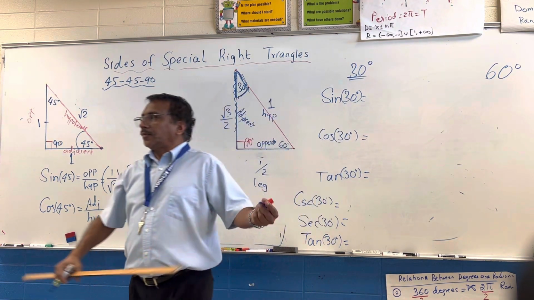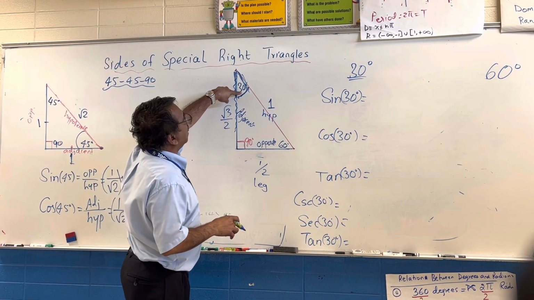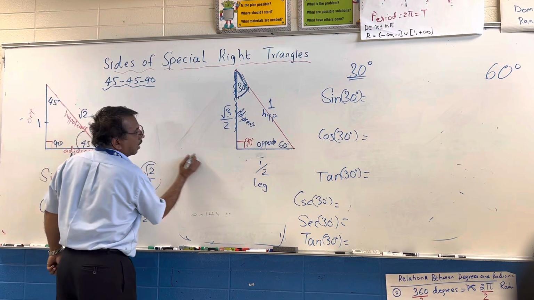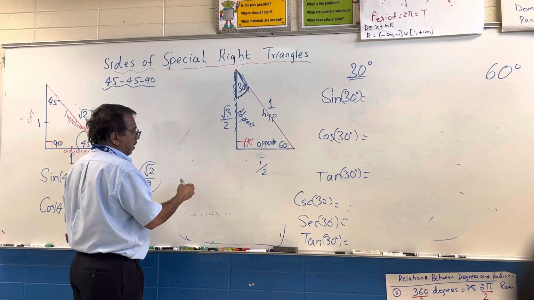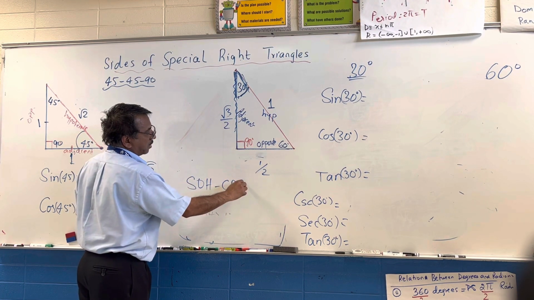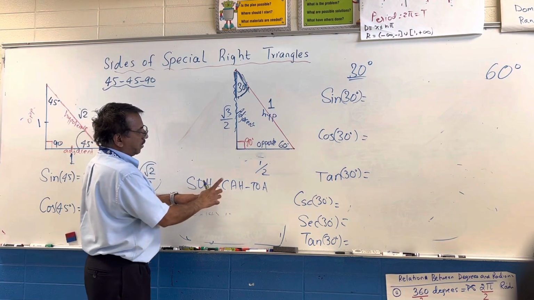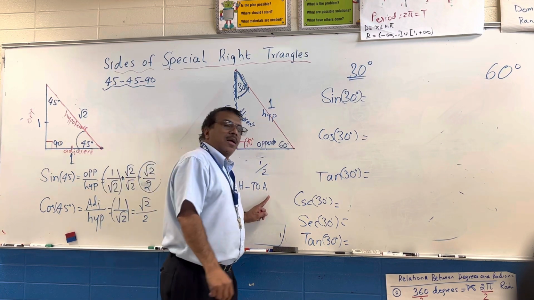So let's do it quickly. Sine 30. Now the definition of sine, you can remember from earlier geometry class. If you forget, there you go: sine is opposite over hypotenuse, cosine is adjacent over hypotenuse, tangent is opposite over adjacent.